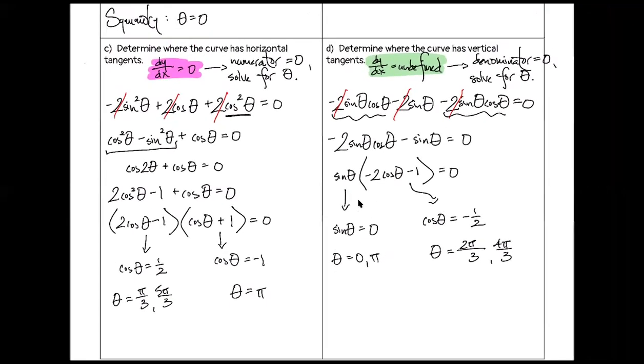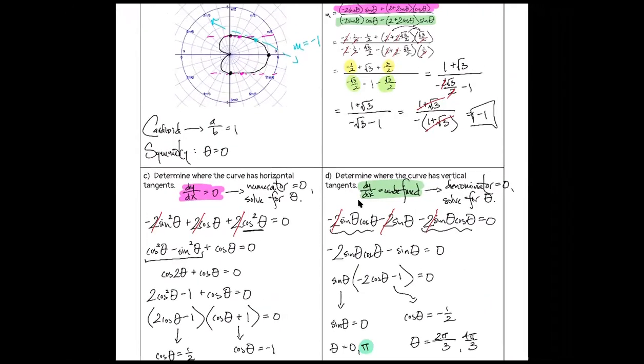Now, you'll notice that we actually got the same answer for both the numerator and the denominator. So like we have theta equals pi, and we also have theta equals pi here. And if we look back at the diagram, I did not attempt to draw a tangent line for theta equals pi.